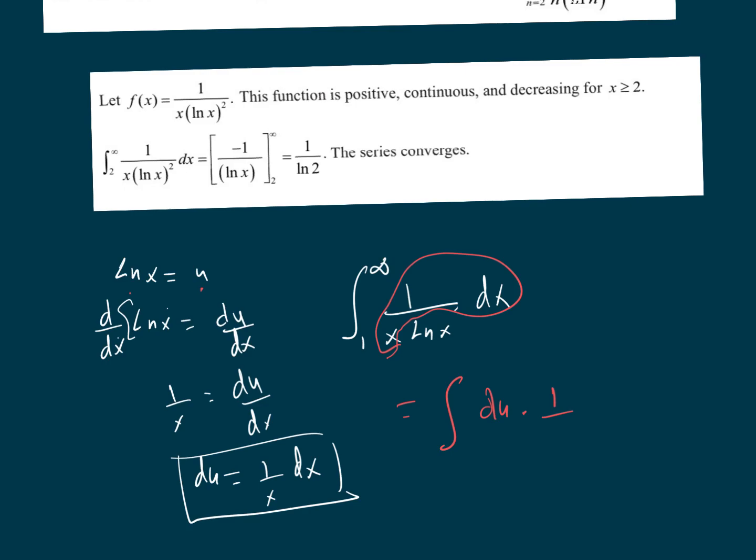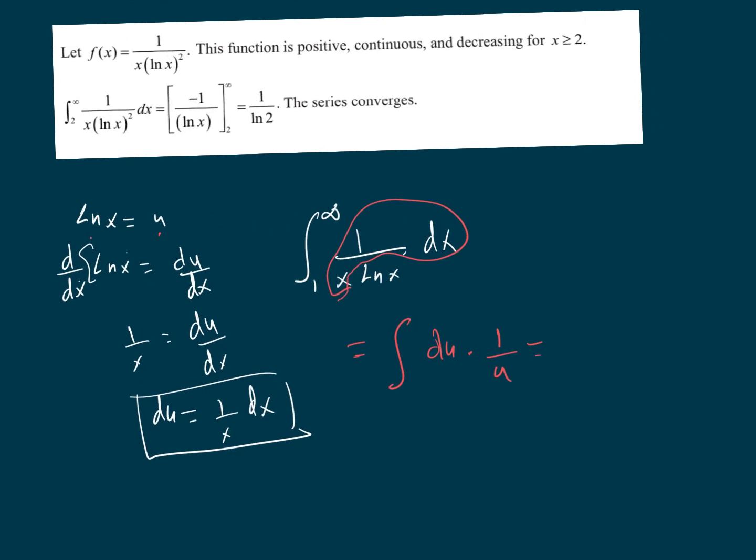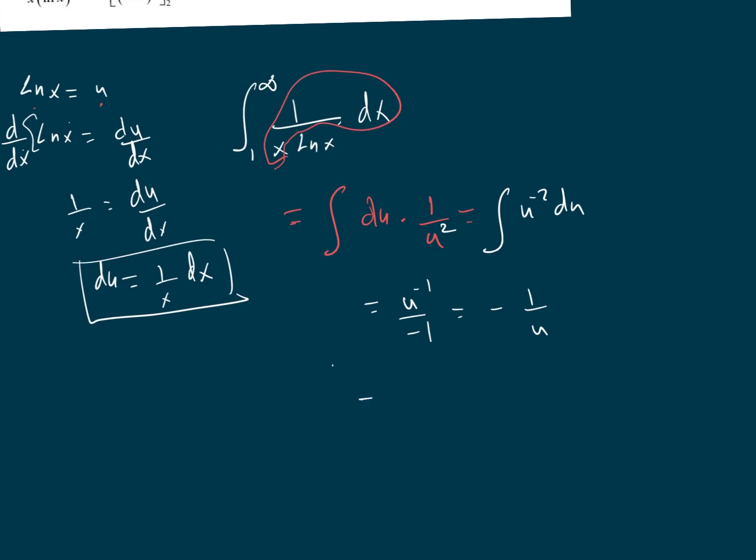The integral of u^(-2) du is u^(-1) divided by minus 1, which equals minus 1 divided by u, but u is natural log of x.